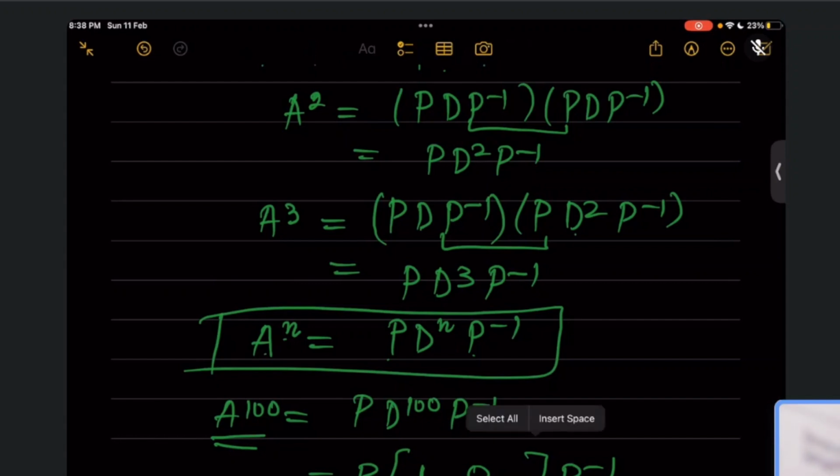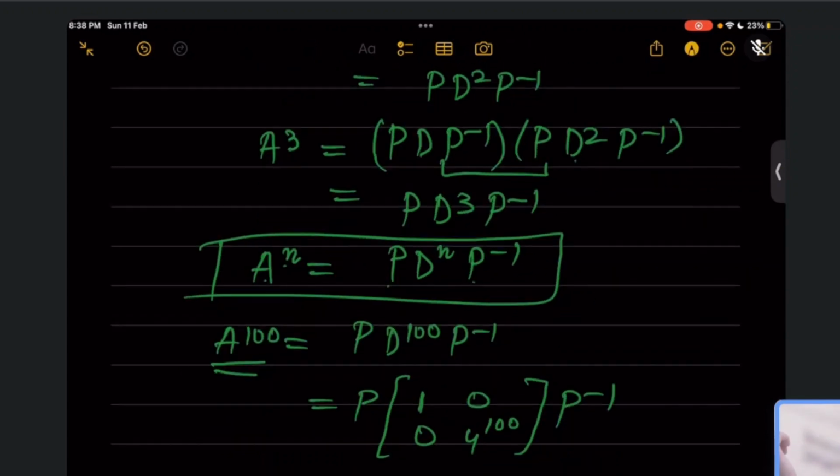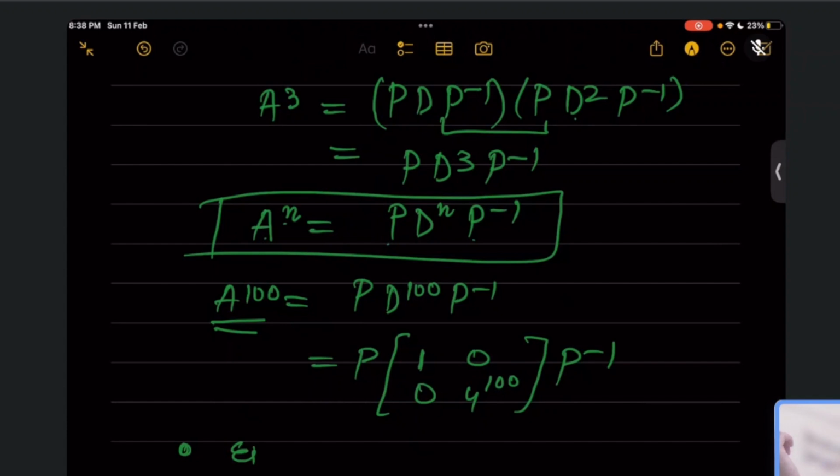Yeah, there are two things which I need to tell you, that not every matrix is diagonalizable. See, two points are there. When you are finding the eigenvectors, they should be distinct, correct? If there are not distinct eigenvectors, then the P matrix which you are getting will not be a square matrix, so you cannot find the P matrix.